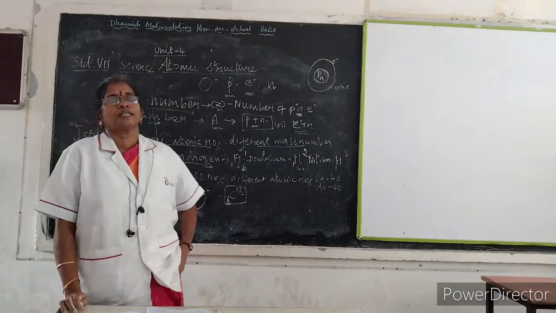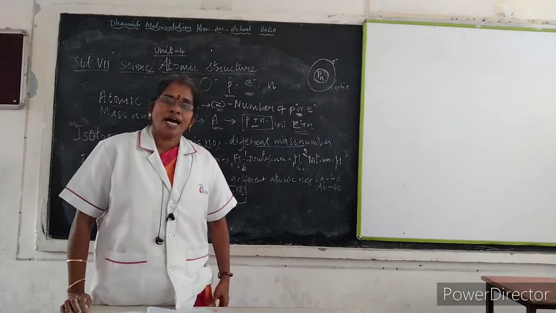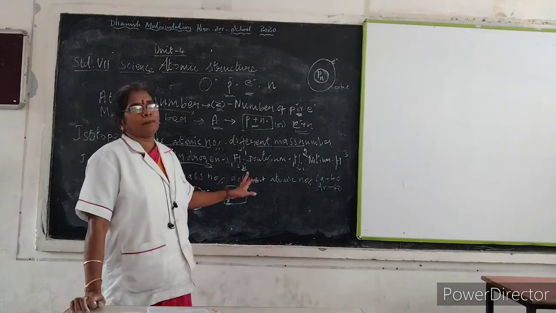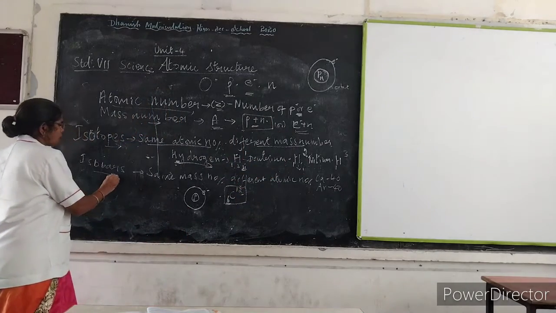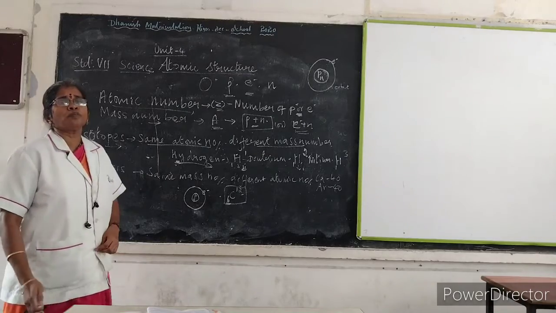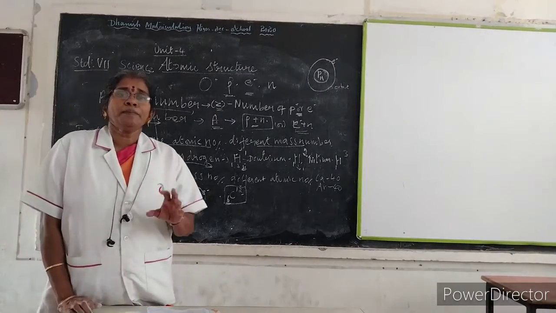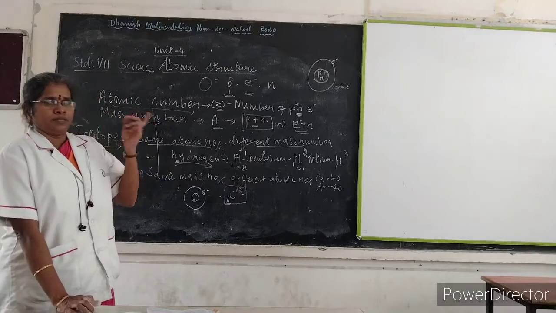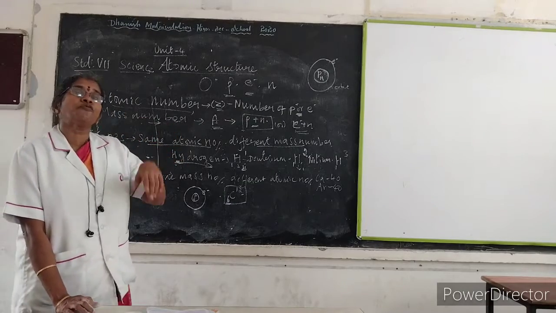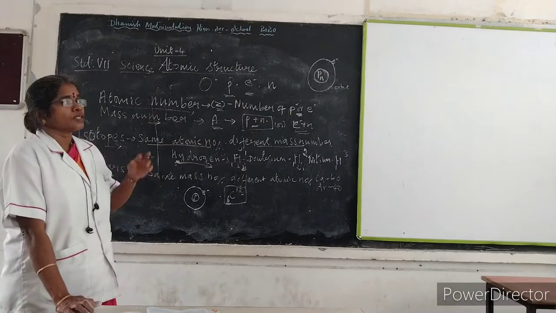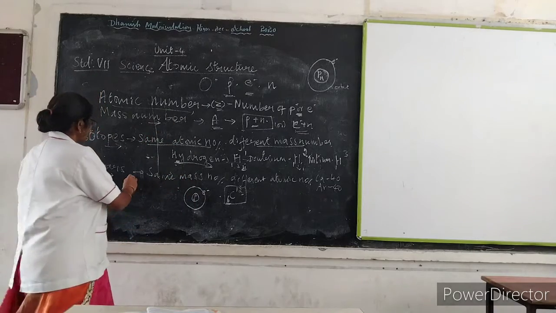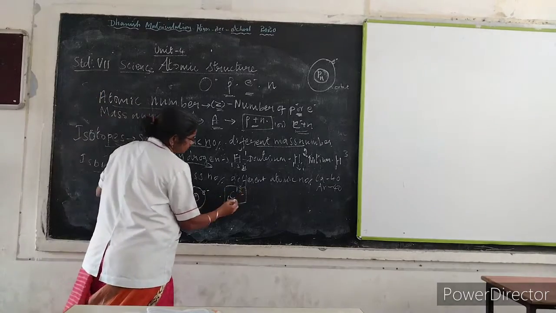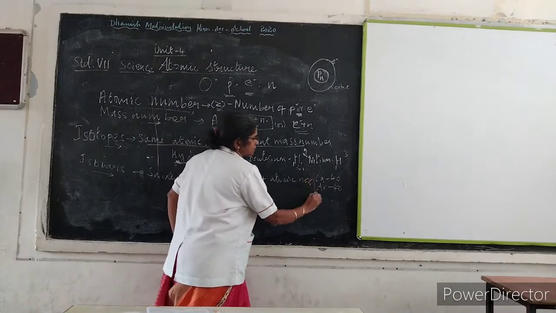Isotopes are nothing but elements which have the same atomic number but different mass number. Then coming to isobars. Isobars are nothing but elements which have the same mass number but different atomic number. Examples for isobars are calcium and argon.